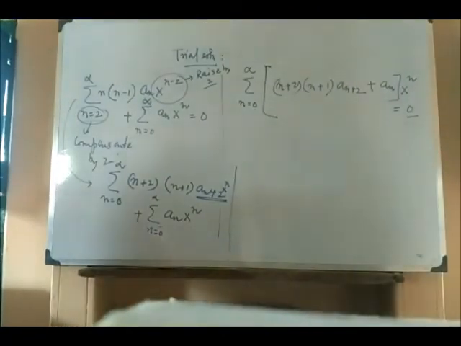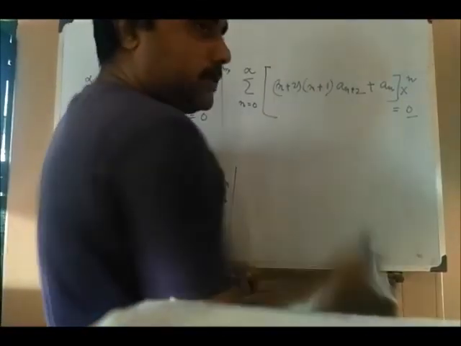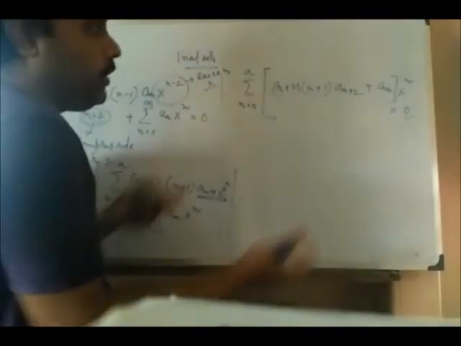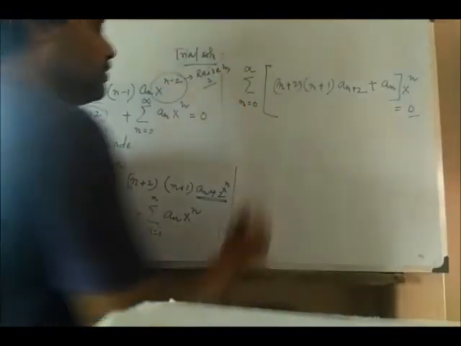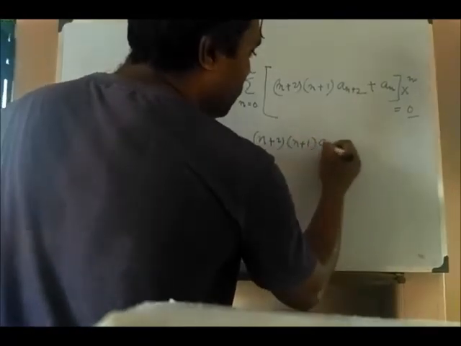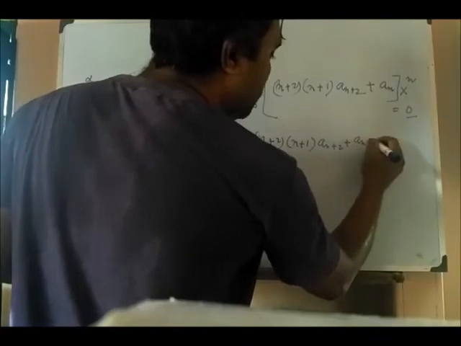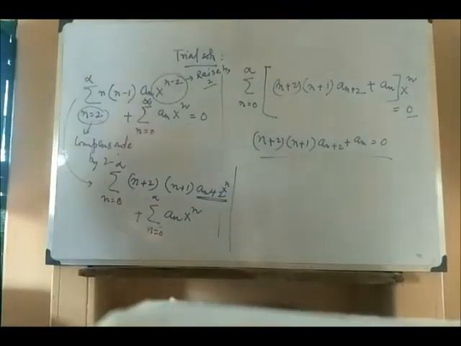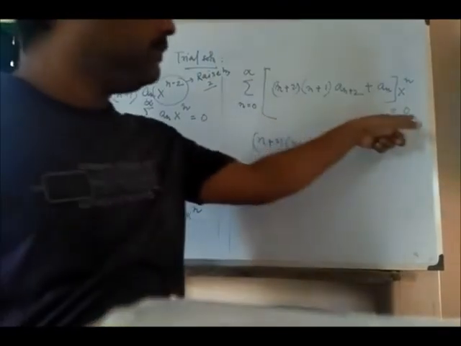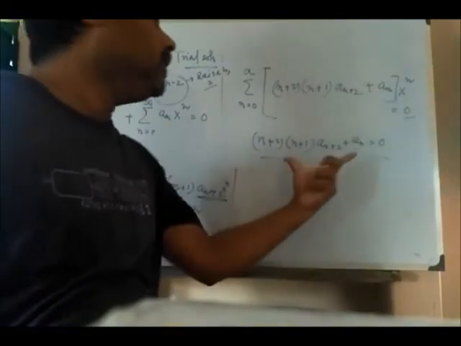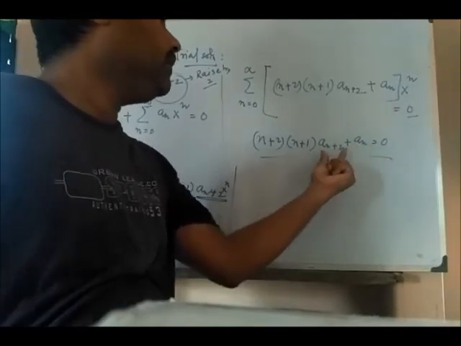Now, this is also a power series. So this power series will be 0 if the coefficient of each term is 0. So the coefficient (n plus 2) into (n plus 1) a_{n+2} plus a_n equals 0. This coefficient condition not only gives me the condition for the summation to equal 0, but also provides the relation between a_n and a_{n+2} of the solution.